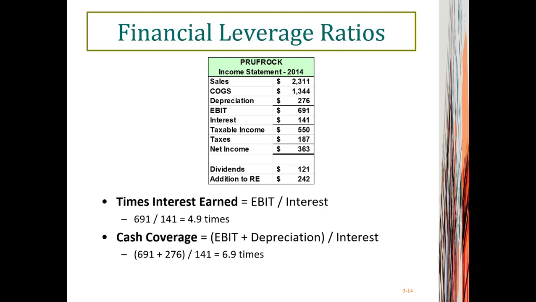And we use that number divided by interest, and here you see 4.9 times, which means for each dollar of interest the company needs to pay back for the next time period, there is $4.90 of operating income available. In this case, you would say, hey, interest payment is pretty secure because the company is generating a sufficient amount of operating profit as the backup.